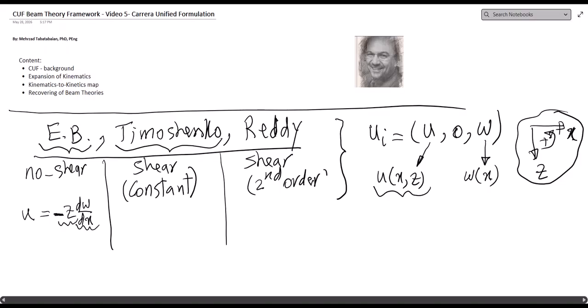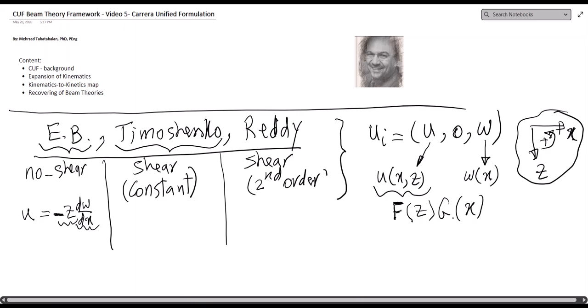So if I want to write from a functional point of view, I call it a function of z and a function of x. And similarly for Timoshenko, we said that u is z phi. In Euler-Bernoulli, phi is the slope, and in Timoshenko it is not necessarily equal.